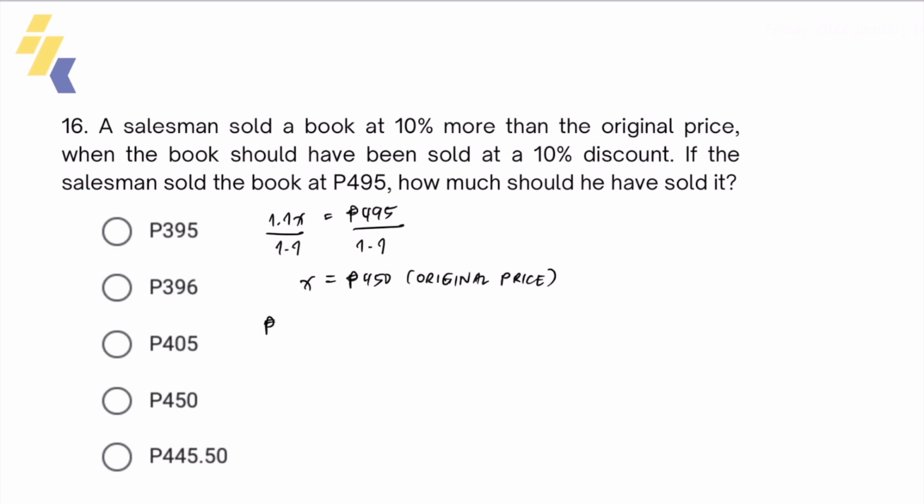Now, we have to subtract 10% of it because it has to be sold at 10% discount. So 450 minus 0.1 times 450. So we have here 450 pesos minus 45 pesos, and that is 405 pesos.